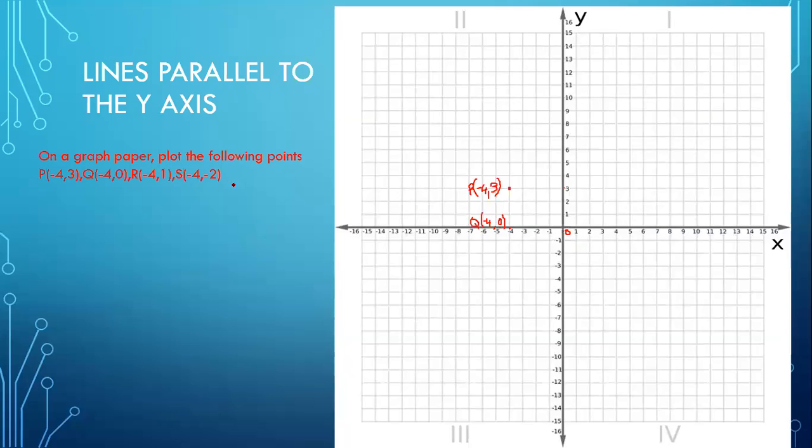The next point is point R, and the coordinates are minus 4, comma 1. So on the x-axis I can see minus 4, and on the y-axis I can see 1 over here, right? So it will meet here. Here we can mark the point as point R and write the coordinates as minus 4, comma 1.